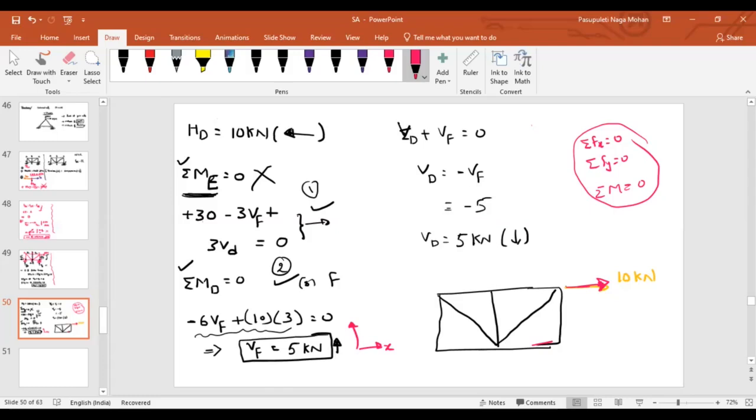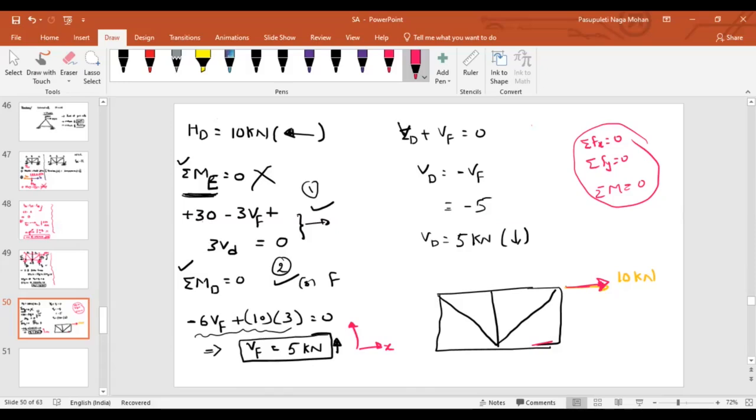There is some force, 10 kilonewton, acting at one point. How can I balance it, and at what point do we have to balance it? Here, which one have we removed? We have removed the supports. That means it will be balanced through the support reaction, isn't it?